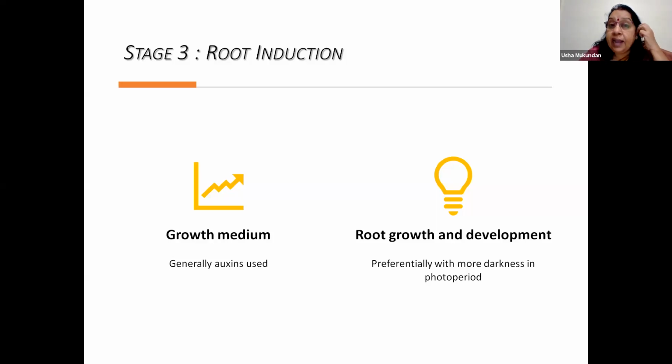So indole butyric acid is an auxin which promotes root induction. It signals the genes which will result in differentiation of plant cells, resulting in root morphology. So the growth medium, when it is supplemented with IBA, again the concentration required is very less, about 0.2, and that will result in proper root growth and development.